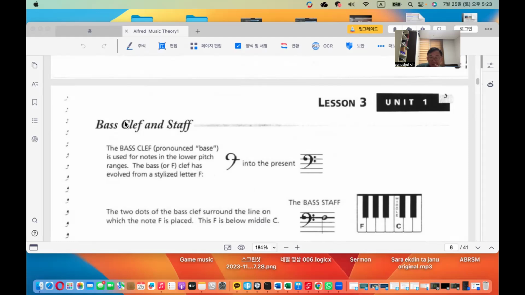How to draw the bass clef like this? The bass clef, pronounced bass, is used for notes in the lower pitch range. The bass clef or F clef are the same. Why? This is similar to the alphabet letter F. That's why we call this symbol bass clef or F clef.